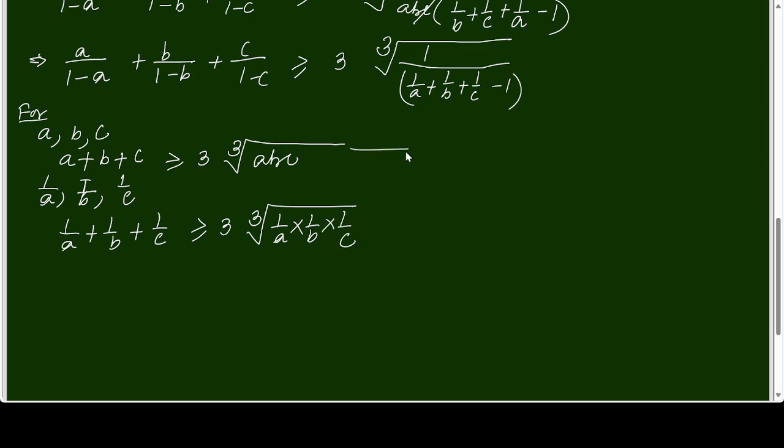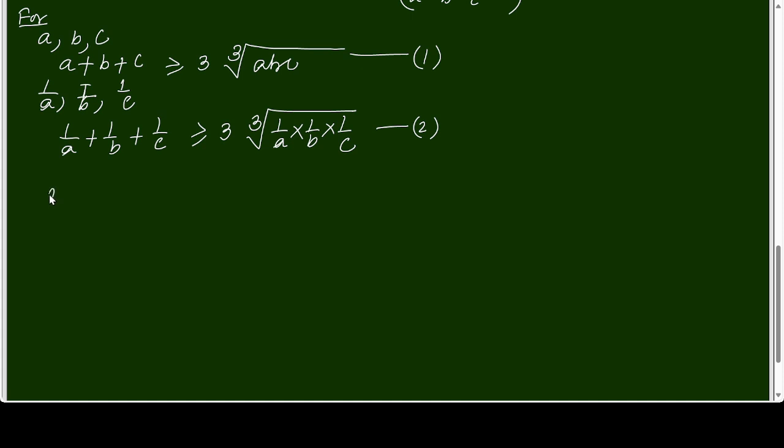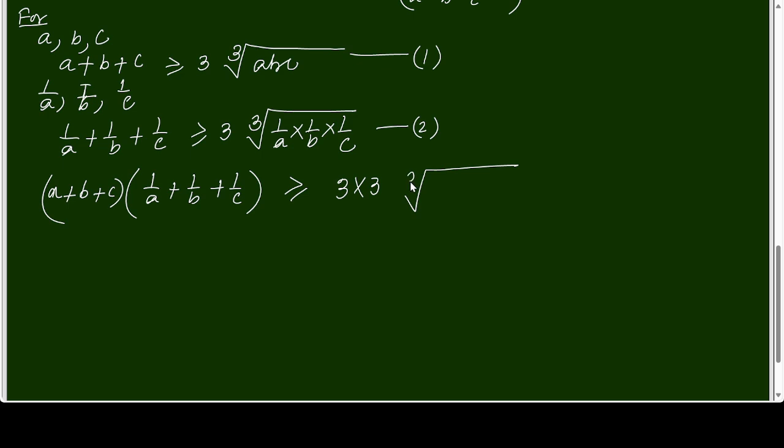Now I'll multiply these two expressions to get a plus b plus c multiplied by 1 over a plus 1 over b plus 1 over c is greater than or equal to 3 multiplied by 3, 9, into cube root of abc multiplied by cube root of 1 over abc, which will be cancelled.